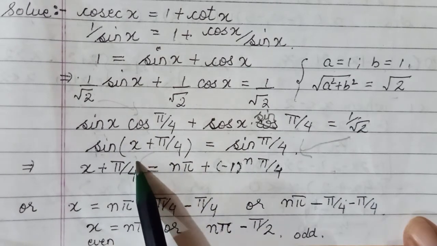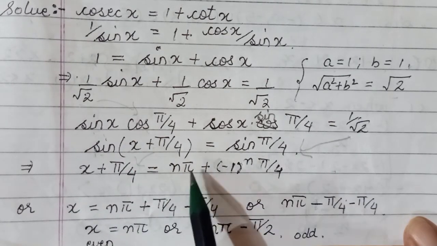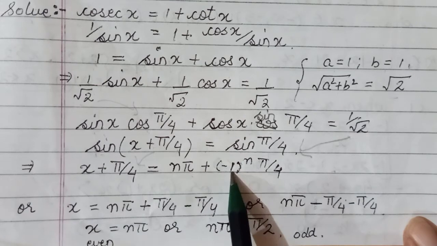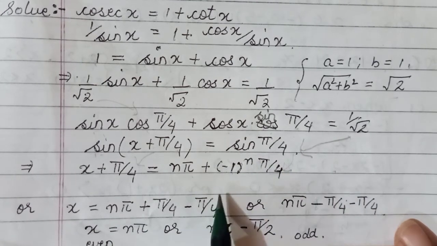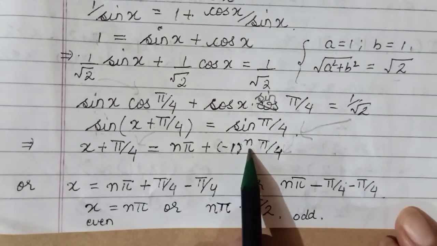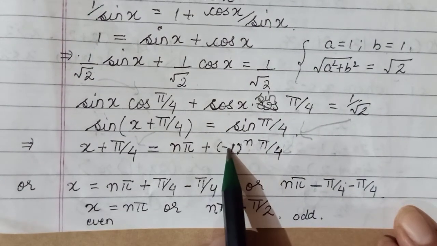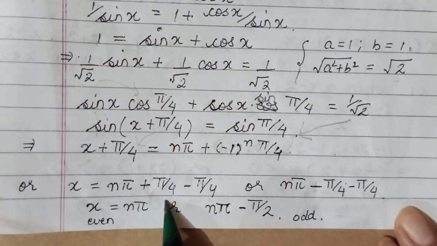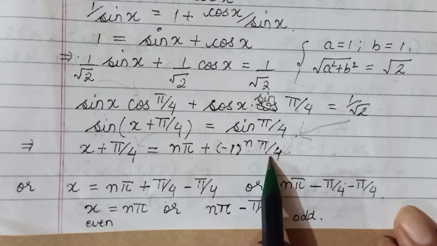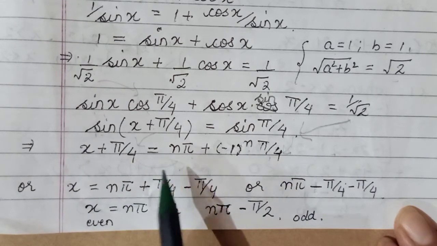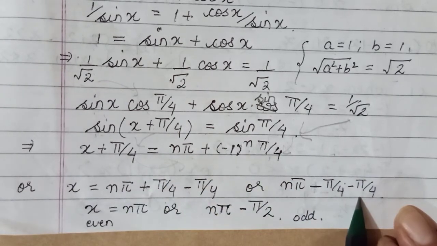So this theta is equal to your standard result n pi plus minus 1 to the power of n alpha. Okay, then one by one you will take. If n is even, then this becomes plus pi by 4. Minus 1 to an even power is positive, and if n is odd, it will become minus pi by 4. And then this pi by 4, when you get it to the left side, minus pi by 4, minus pi by 4.